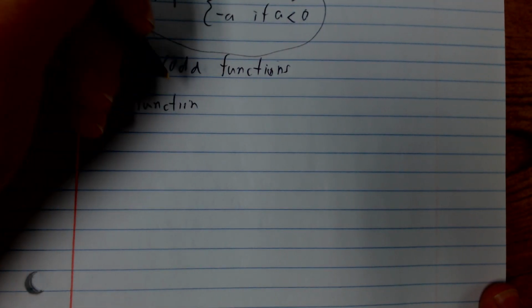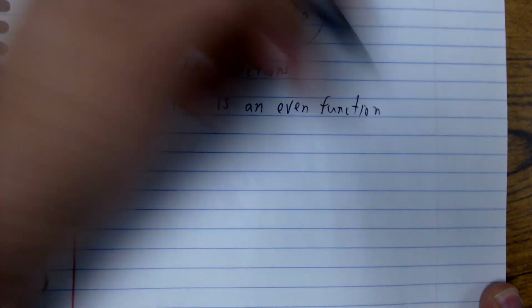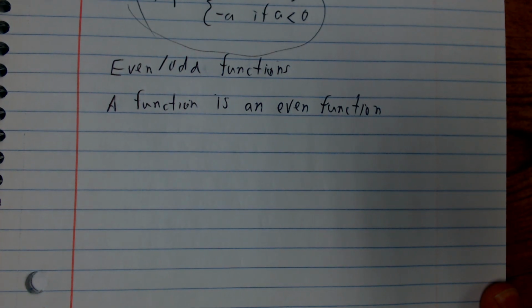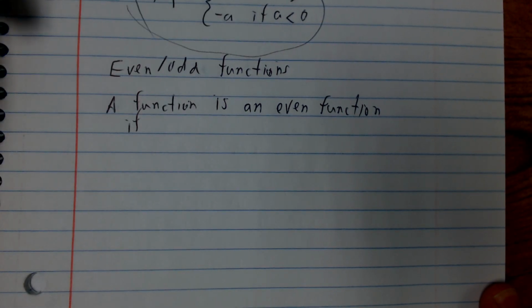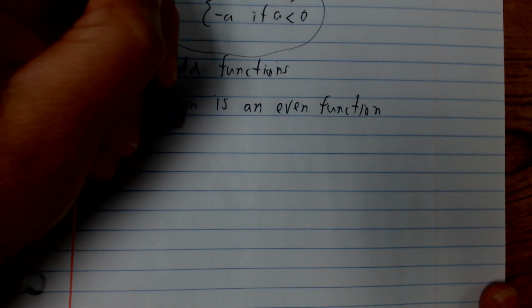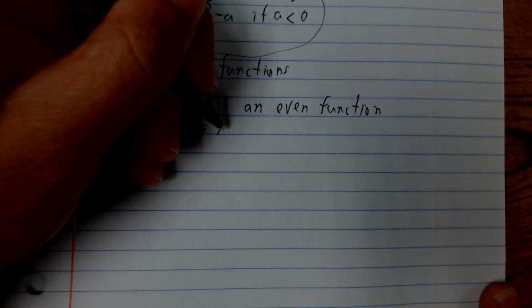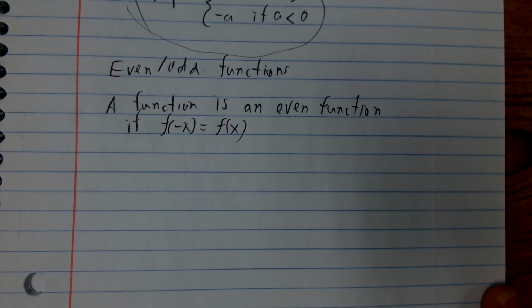A function f is an even function if f of negative x equals f of x. Okay, and so that's basically what an even function is.